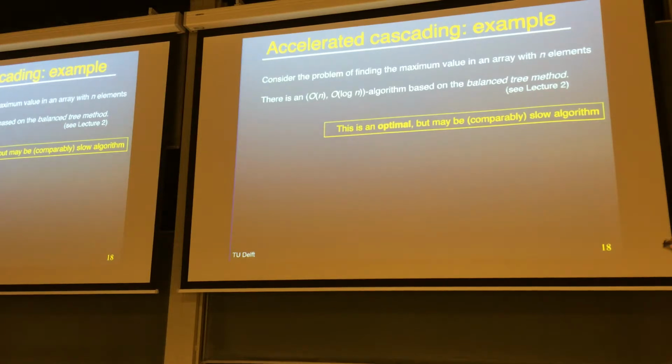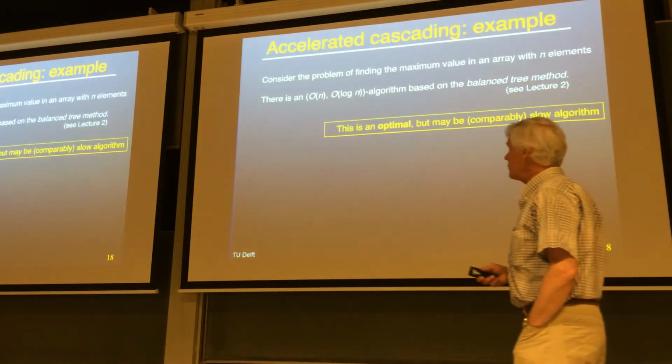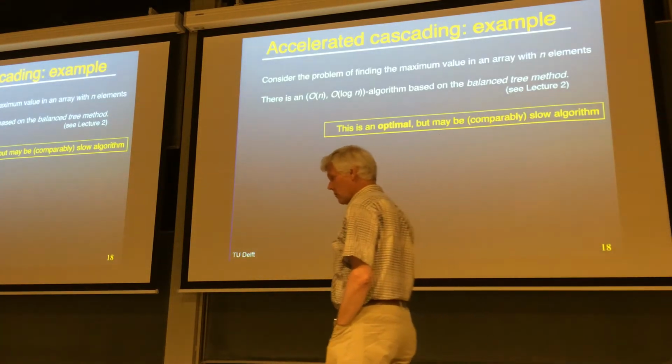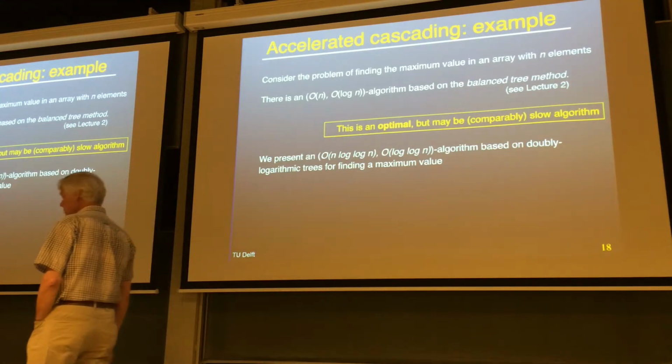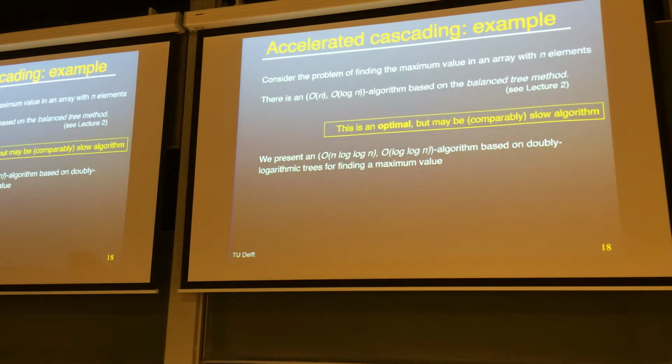This algorithm is optimal, but it might be that we are able to find a faster algorithm. Well, there is one, but this algorithm is non-optimal. There is an algorithm that will cost you log n amount of time, but n times log n amount of work.